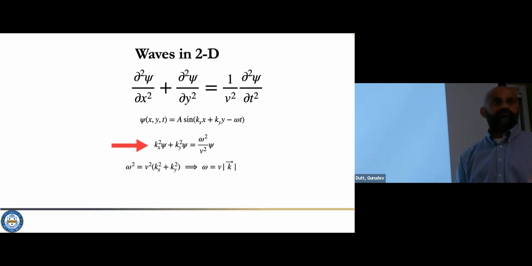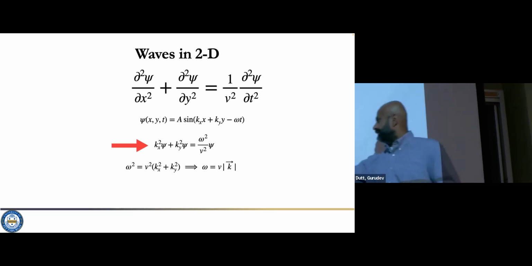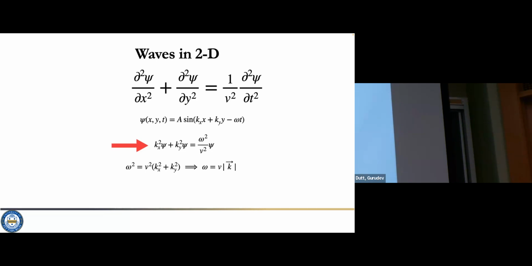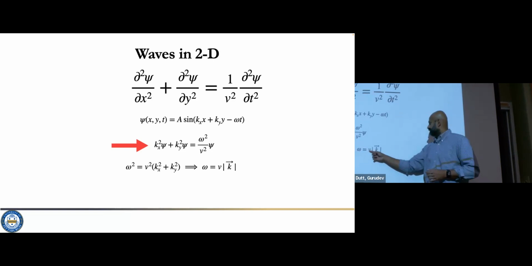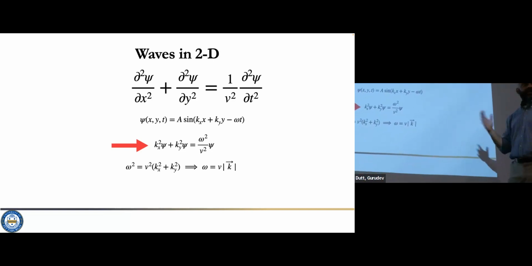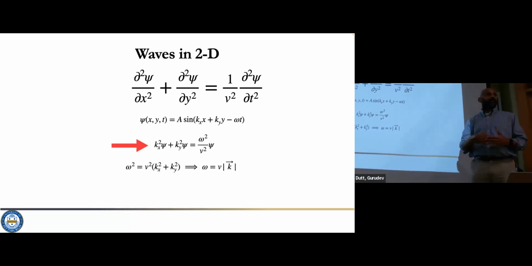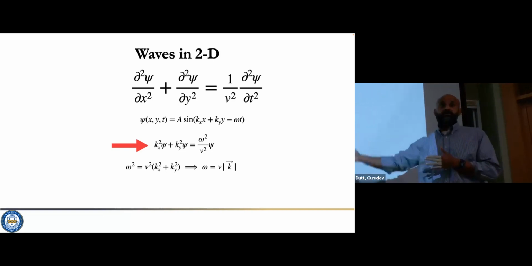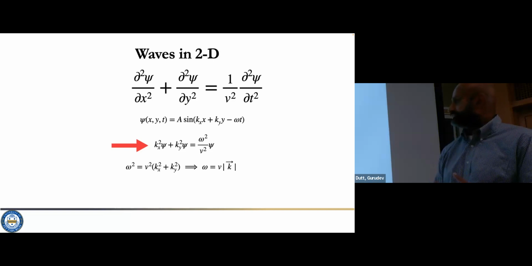Everybody knows this. So this expression, omega squared equals v squared times kx squared plus ky squared, can be written as omega equals v times the magnitude of the vector k. That's analogous to the 1D case where I said omega equals v times k, that I derived on the board for you just a couple minutes ago.